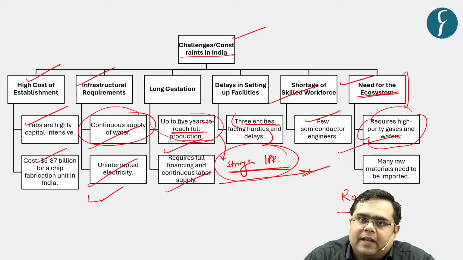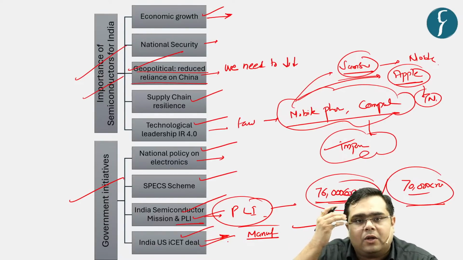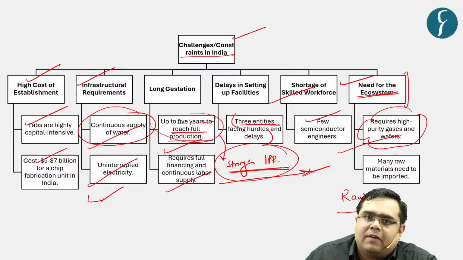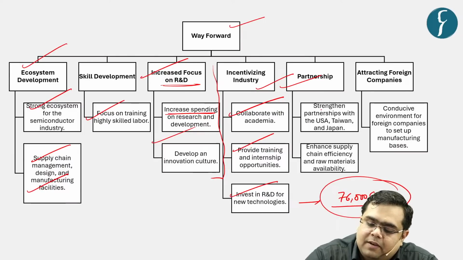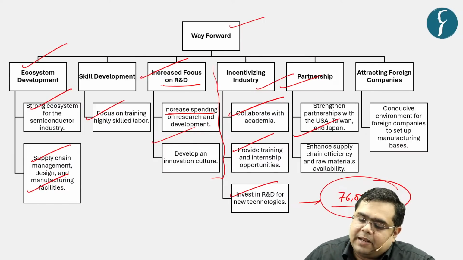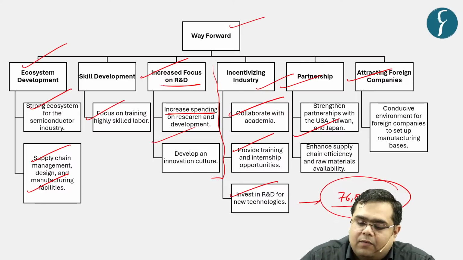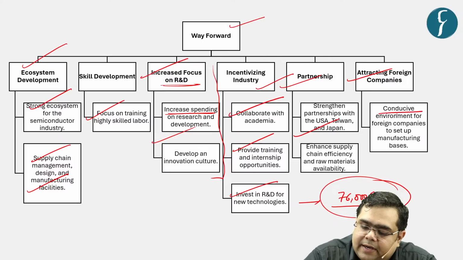Just like we saw that India has signed an iCET partnership deal with the USA, we also need to figure out and take advantage of the present conditions of the world and sign deals with, for example, Taiwan, South Korea, and Japan to further improve the ecosystem with respect to chipset manufacturing in India, and at the same time work for attracting the foreign companies so that they shift their particular industries to India, right?